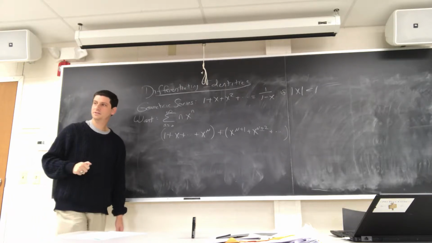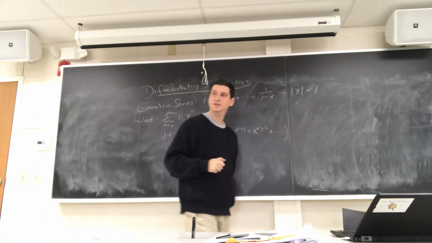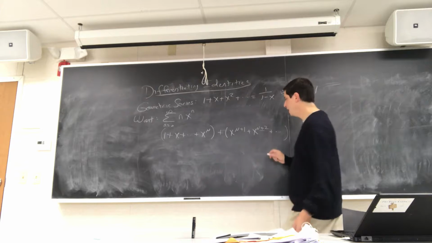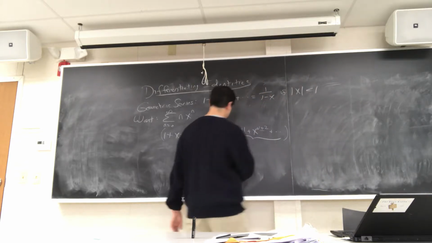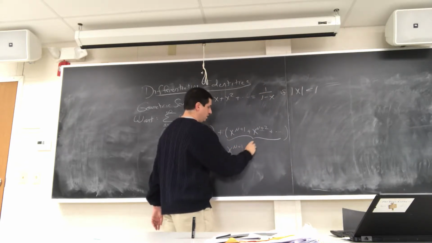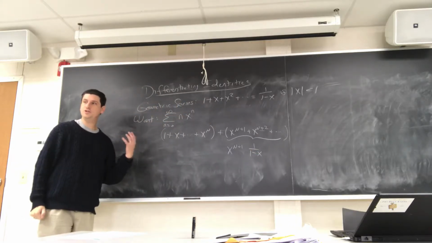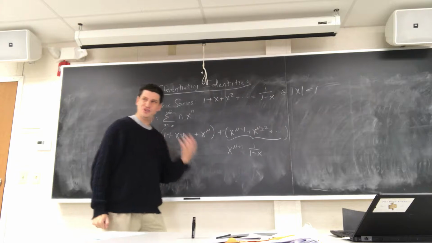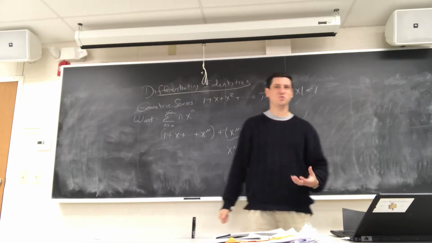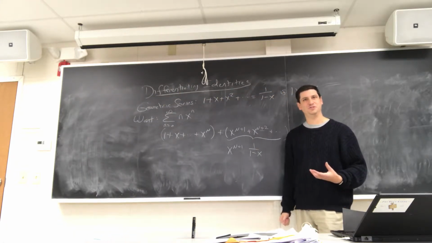Well, it's a geometric series. The tail is just x to the n plus 1 times 1 over 1 minus x. So for a lot of things with the geometric series, you can actually justify things with a lot less work than for a typical series.